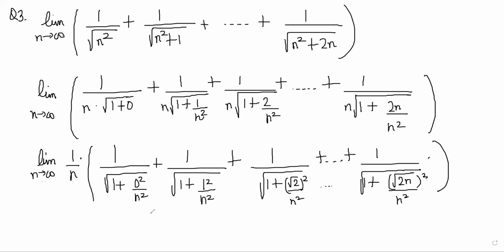Okay, fine. So we can write this inside part as a summation of r goes from 0 to 2n. And it is looking like 1 by root over 1 plus root r square by, there is a slight problem by n square. I want to write it as r by n.